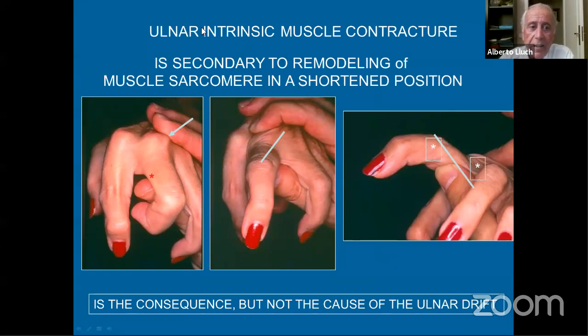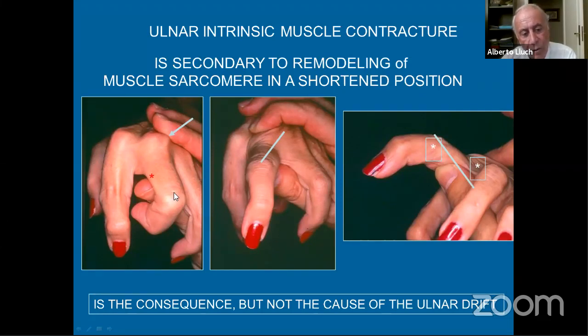So in ulnar intrinsic contracture, it can be both intrinsics, but usually mostly the ulnar side. And how can we tell? Do we have to release the radial intrinsic? No. In most cases, it's not necessary because you don't want to lose a radial deviating force on the finger.